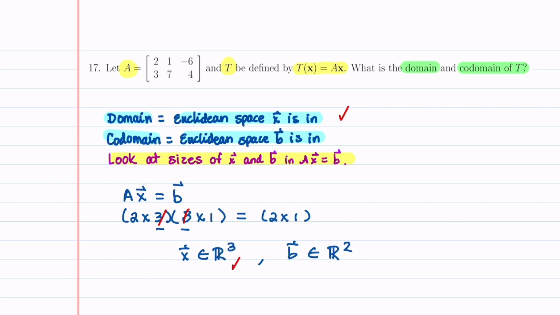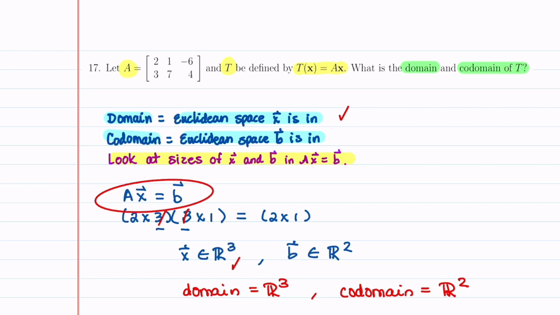So we'll say that our domain is R3. And then our codomain is the Euclidean space that B is in. So our codomain is equal to R2. So the key to this problem is starting with the equation A times X is equal to B and looking at the sizes of A, X, and B.